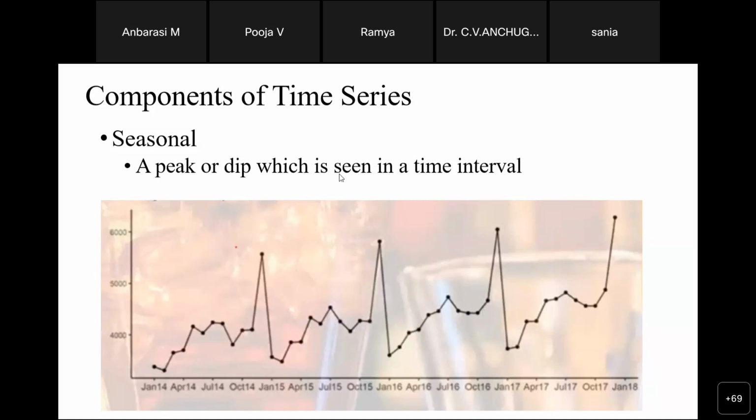So the next one is seasonality. This is also another important characteristic of time series data. Here it depends upon the season. In a few seasons, always a few products will be high. For example, in summer season, the sales of ice cream will increase.